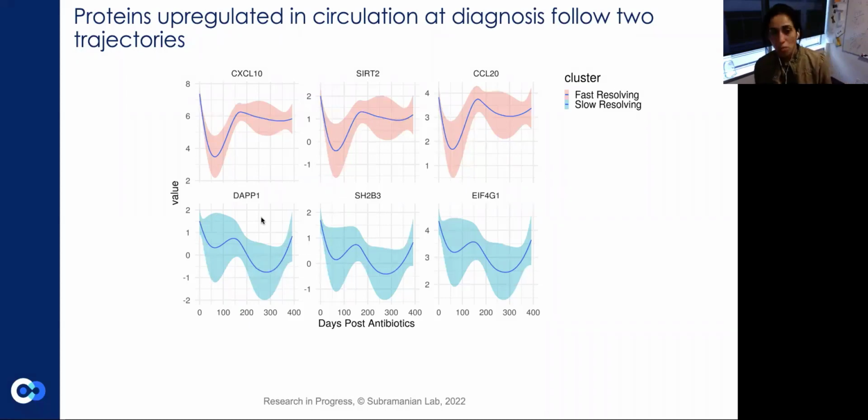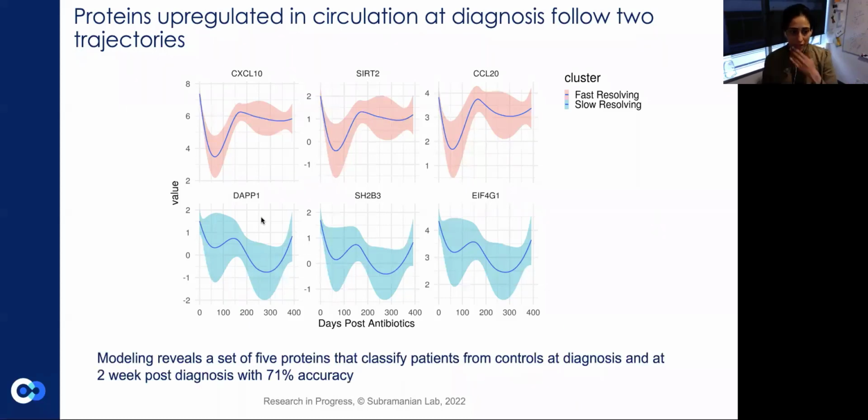And if we do modeling based on these proteins, we can develop a classifier of about 5 proteins that can classify patients from controls at the time of diagnosis and at about 2 weeks post-diagnosis with about 70% accuracy. Now, this isn't great, but consider that there are many challenges associated with a Lyme disease study, right?